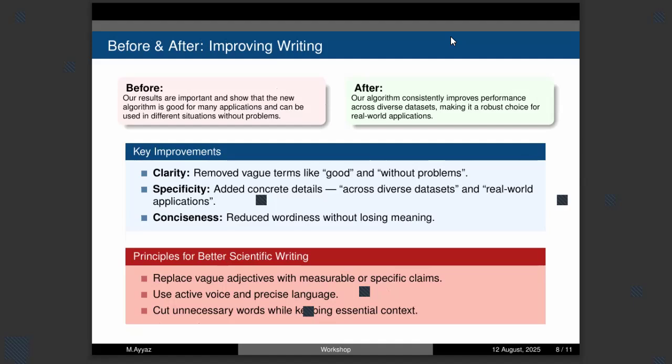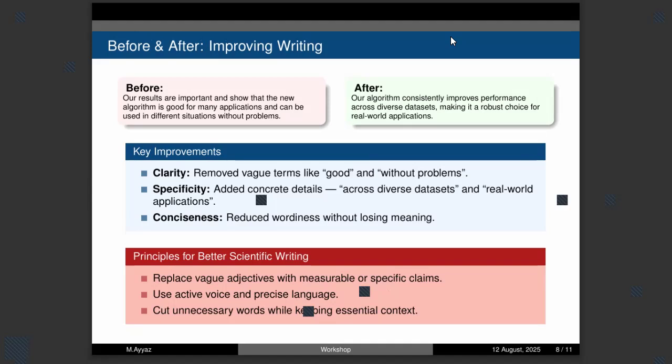There is another example showing the significance of rewriting, or iterative writing. At first we write, "Our results are important and show that the new algorithm is good for many applications and can be used in different situations without problems."